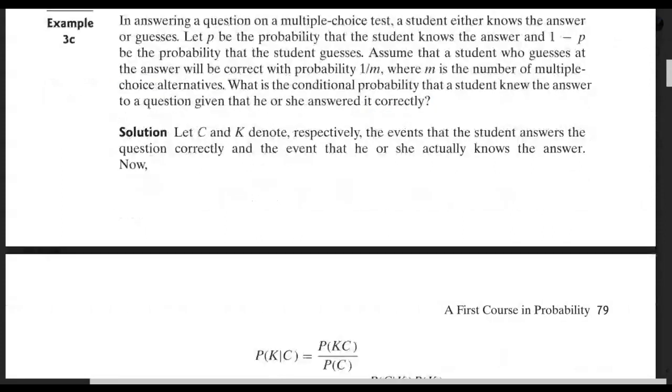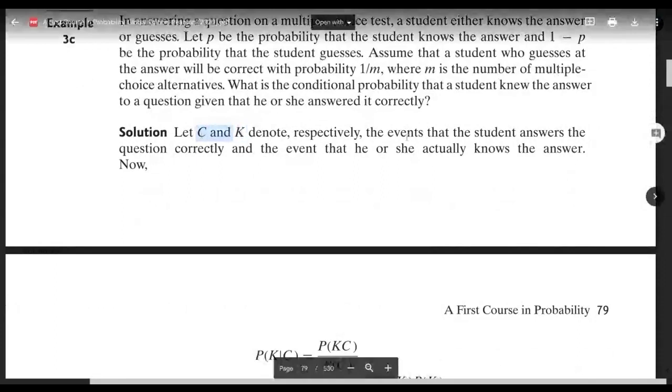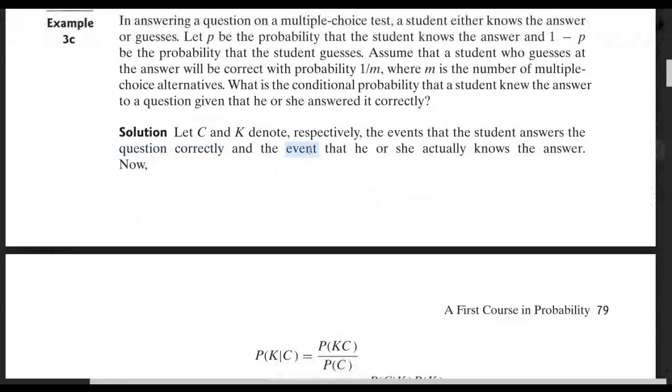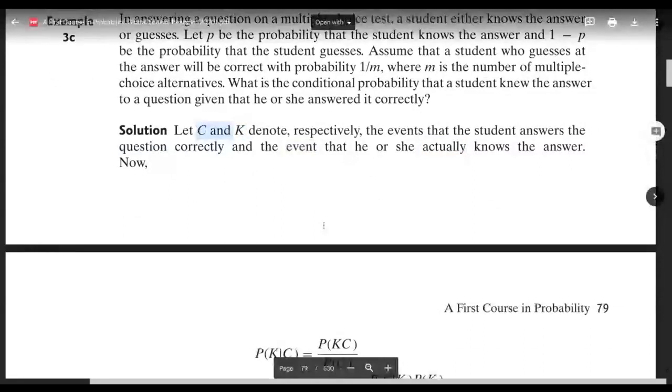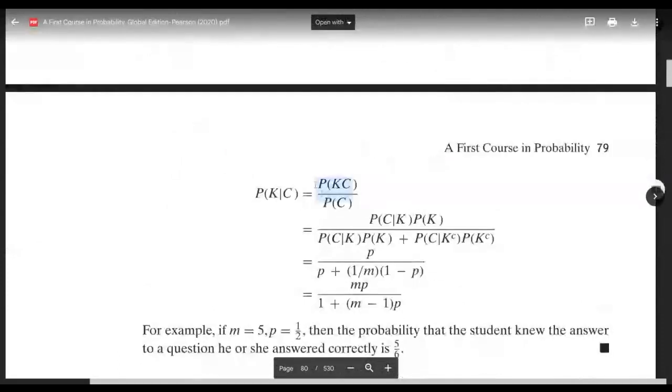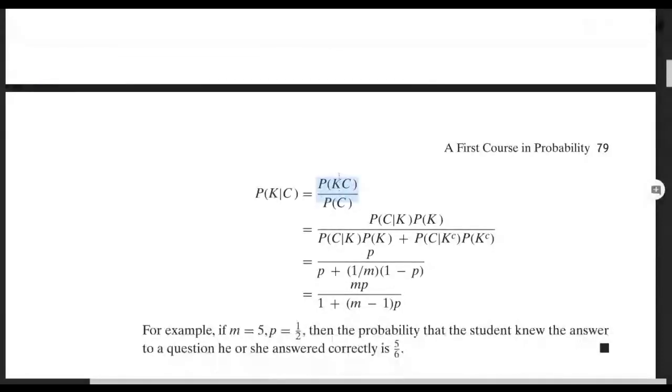So let C and K denote respectively the event that a student answered the question correctly and the event that he or she actually knows the answer. K is knows the answer, C is answers correctly. So the conditional probability equals the probability of the intersection of answers correctly and knew the answer, divided by the probability of correct.